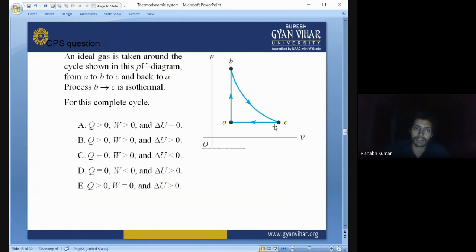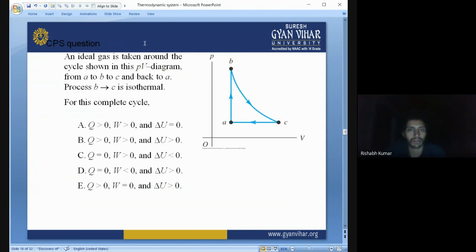And we can see that process C to A is isobaric because pressure is remaining constant, and process A to B is isochoric because volume remains constant. So we have all three processes in this diagram: isochoric, isothermal, and isobaric.